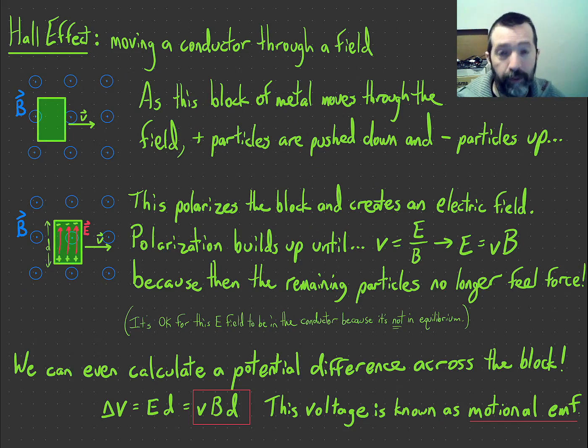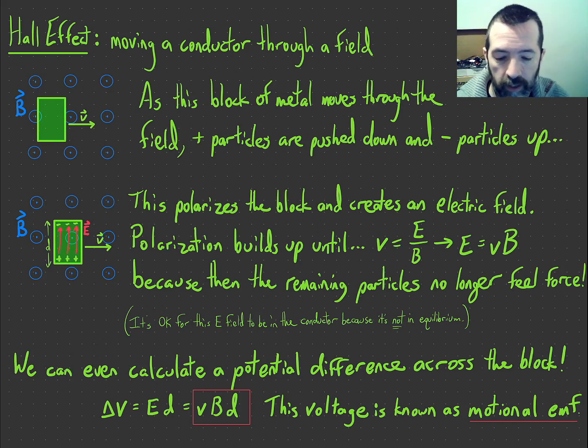So this phenomenon is called the Hall effect. The idea is that I have this rectangular block of metal, although it doesn't have to be a rectangle, moving through a magnetic field. For simplicity, I'm saying the magnetic field is uniform, but it wouldn't have to be uniform for this to happen.